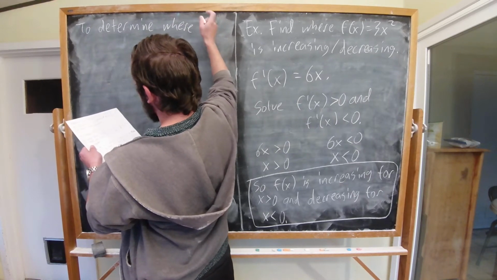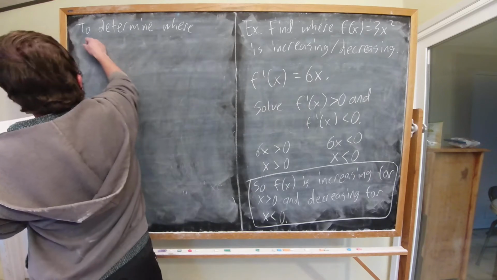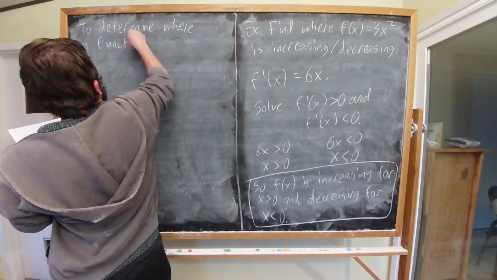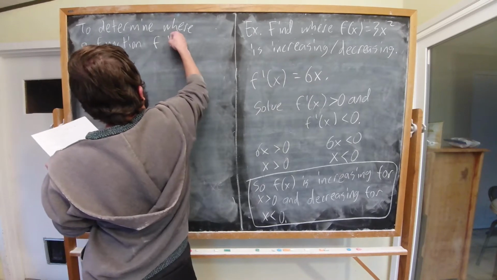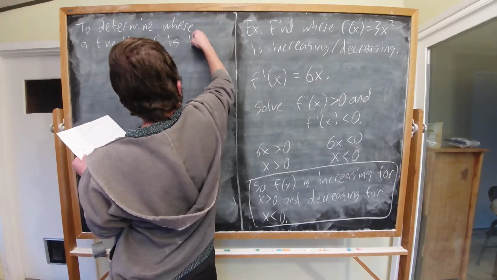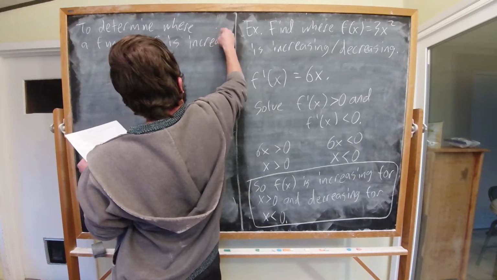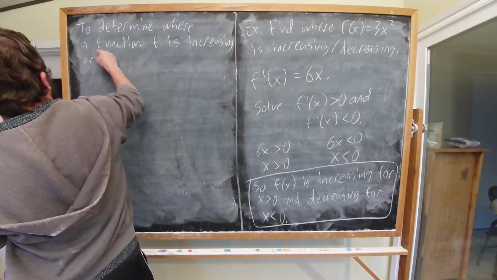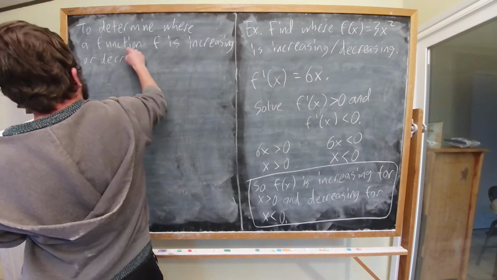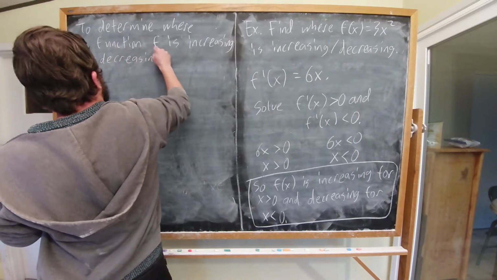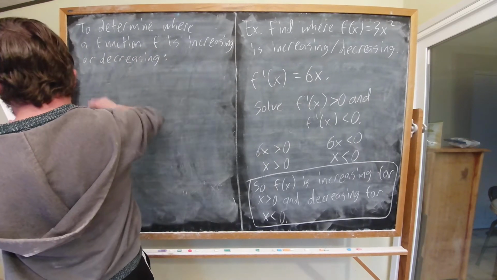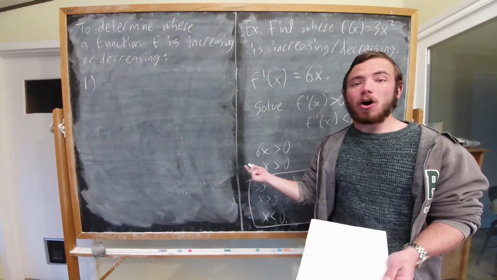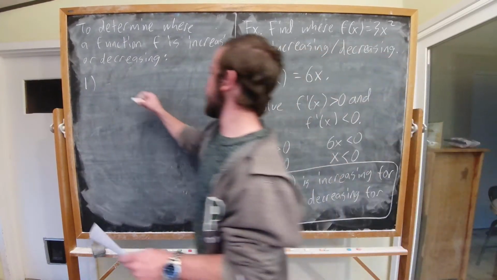So, to determine where a function f is increasing or decreasing, we have a 3-step procedure. Step 1 is always going to be compute the derivative.